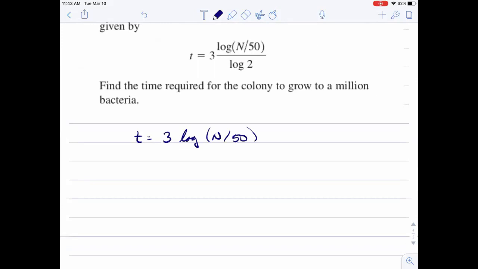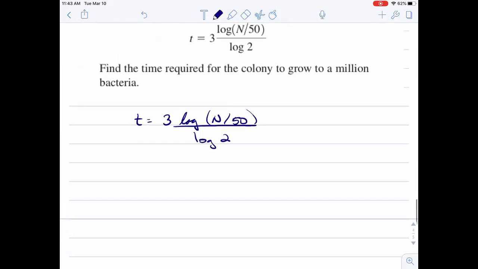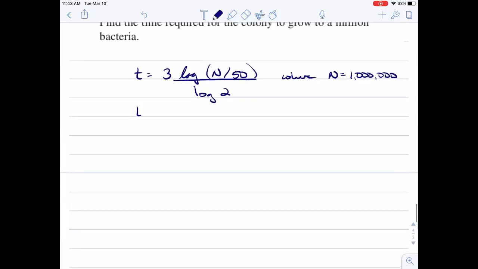So you should have a log button on your calculator, over the log of 2, where n is 1 million. So t is 3 times the log of 1 million divided by 50, over the log of 2.